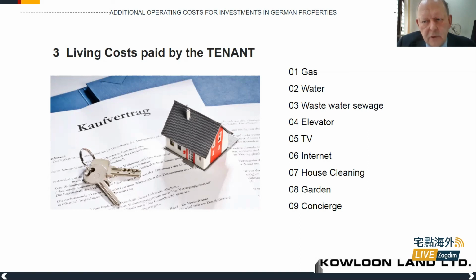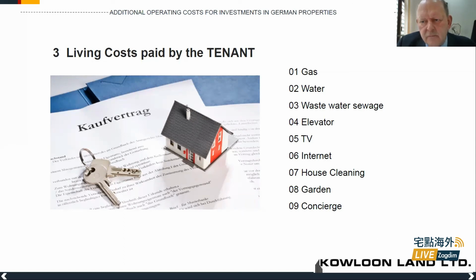So at last, what I can say today is: if you do not feel safe in every part of this, then it's better to use a property manager and let the property manager do a full service package for you, also including the statement for the revenue. The next step is to understand and follow the statement and have it explained what these costs mean and what is behind them.